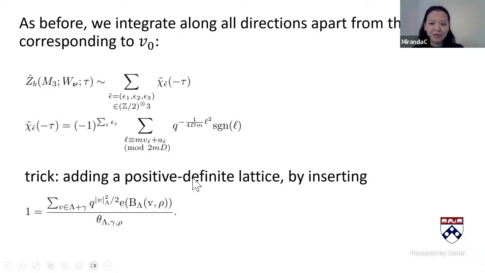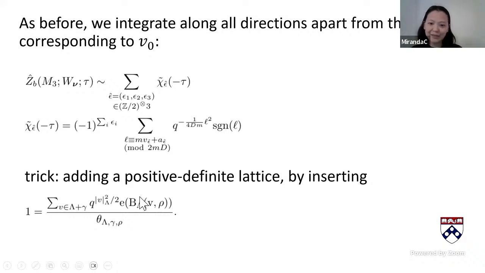And then, don't ask me why at the moment, but the idea we had is, let's insert 1 by adding a positive definite lattice. The numerator and the denominator here are the same. I'm just writing down the definition of the denominator in terms of the numerator.